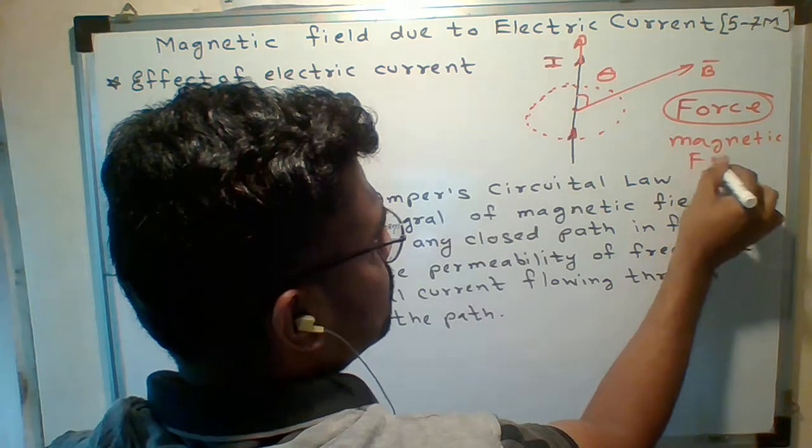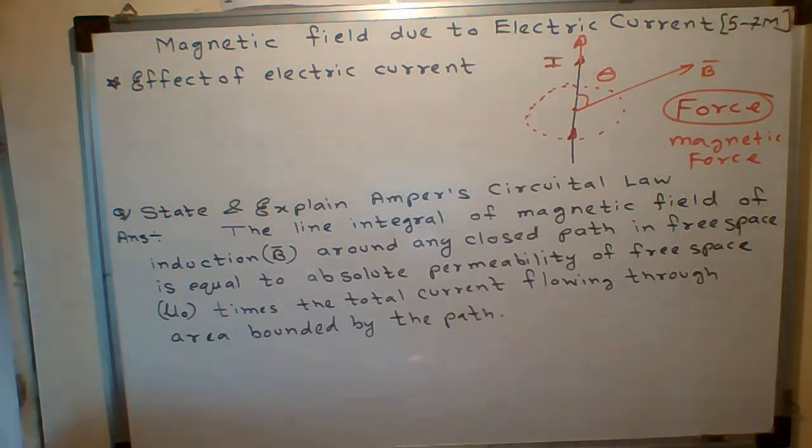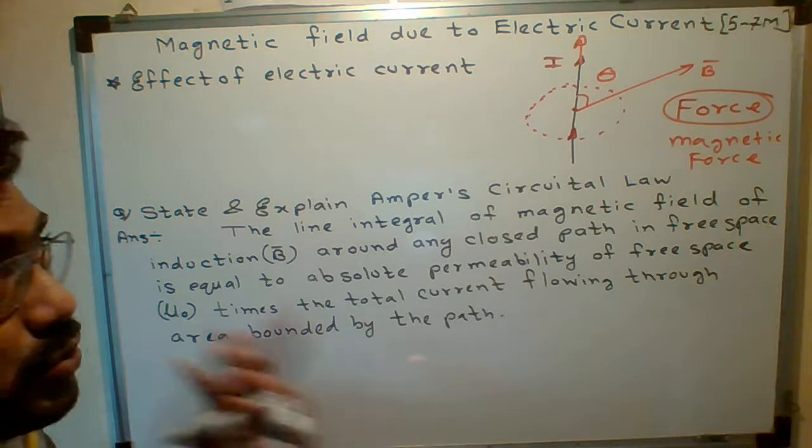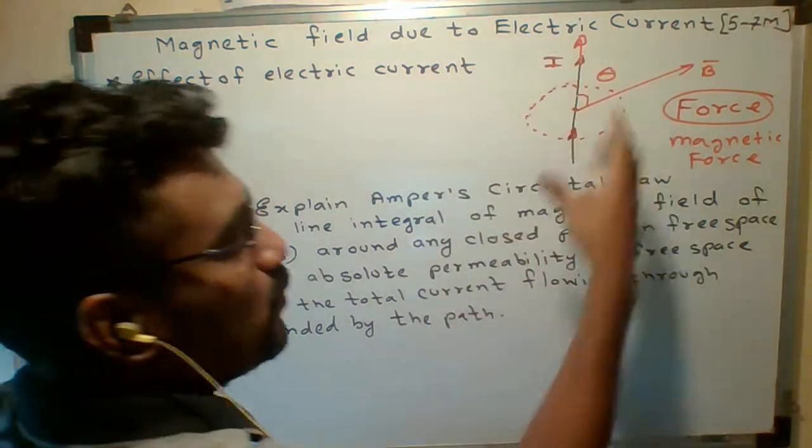So according to Faraday's law, due to electric current a magnetic field is generated, and due to the magnetic field there is some magnetic force.